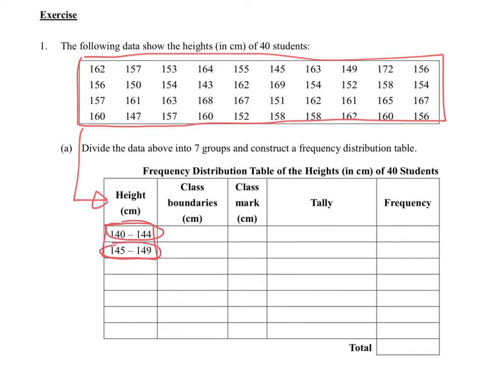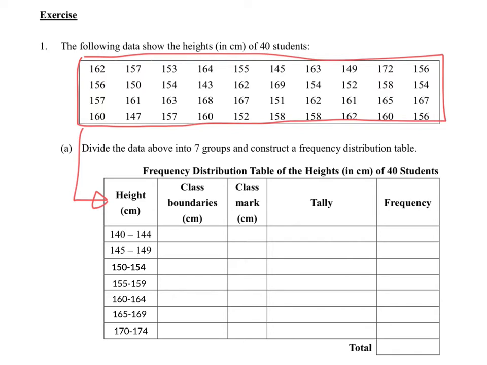So for the third group, it should start with 150 and end at 154. And the next group should start from 155 and end at 159, etc. After following the grouping method given by the question, these are the groupings.